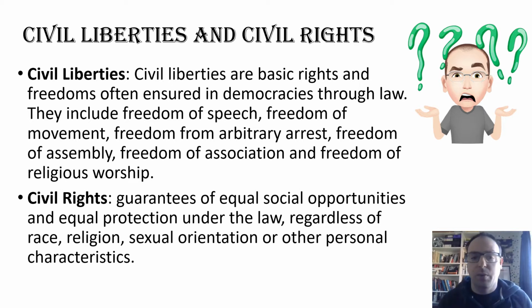They include things like the freedom of speech, the freedom of movement, freedom from arbitrary arrest, freedom of assembly, freedom of association, and freedom of religious worship. So lots of the key freedoms that we would expect to find in a liberal democracy like the US.